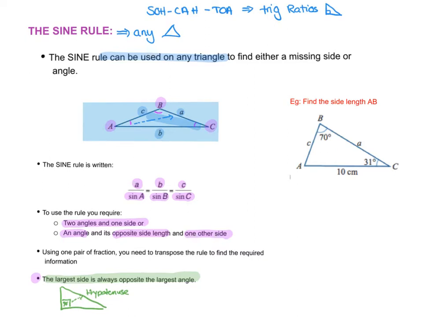Alright, so let's go back to this sine rule and do this example over here. You can see we've been given angle C, and side C is what they want us to find out, because up here they said find length AB, so that means the distance between A and B. So for us it's find little c.